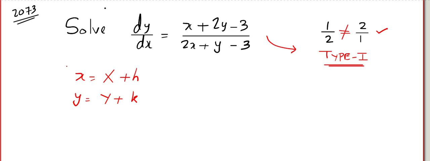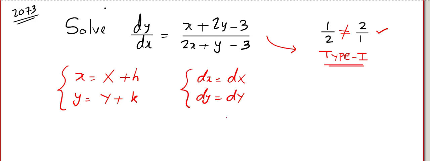Okay, so taking the differential, I get dx equal to capital dX plus 0, dy equal to capital dY plus 0. Therefore, dy by dx is equal to dY by dX.